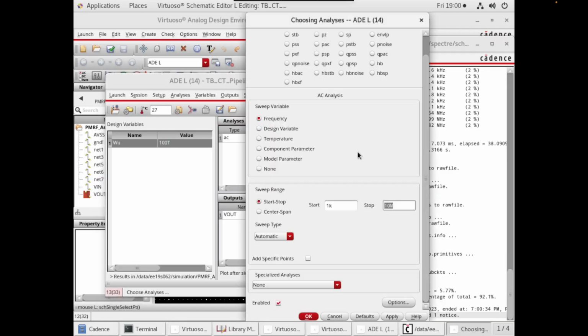Okay, so 100 megahertz we have taken as bandwidth. We will plot it till 1 gigahertz.